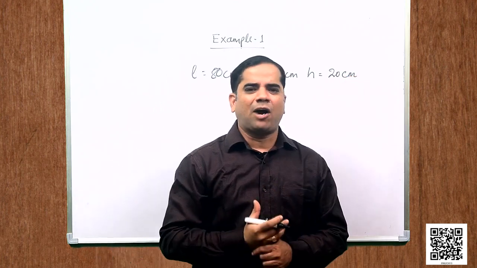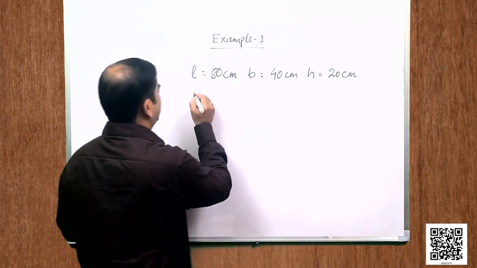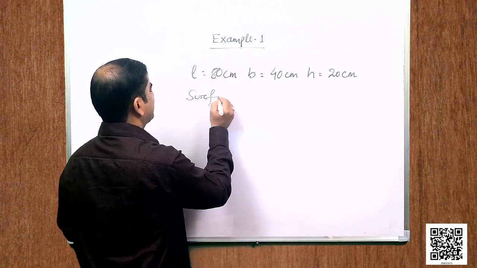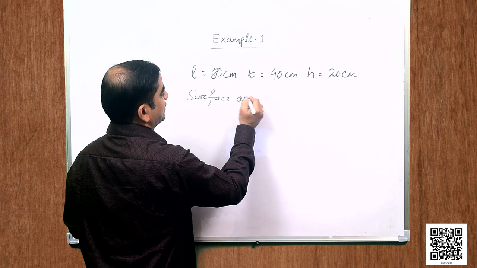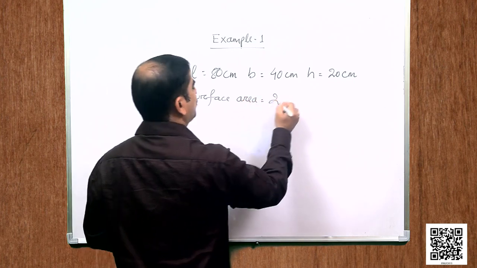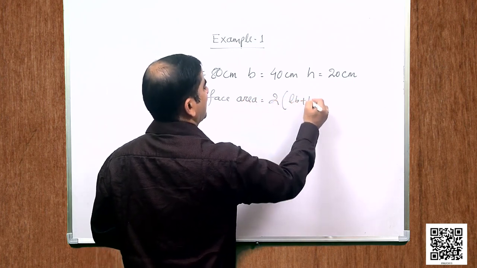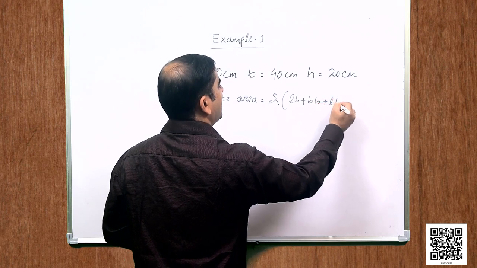So, let us find out the surface area of the box, for which the formula is 2 into (LB plus BH plus LH).